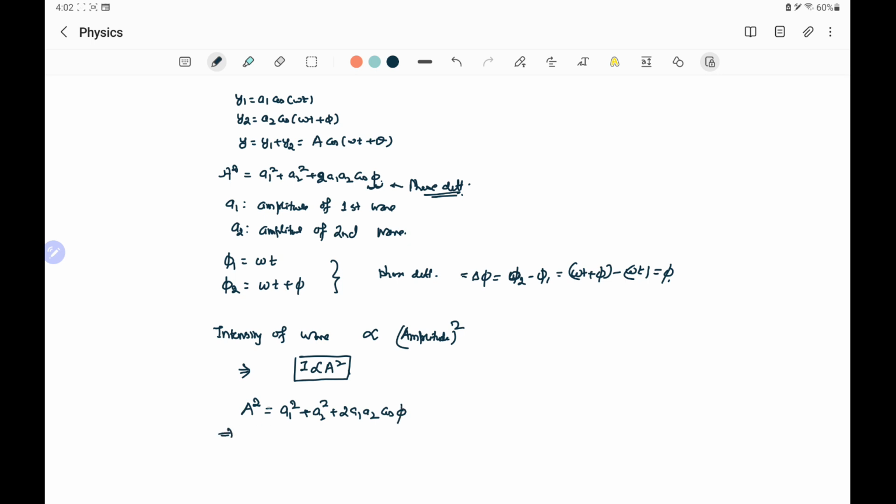This I is the resultant intensity due to the resultant wave, equal to I1, the intensity due to the first wave, plus I2 plus 2 root I1 into root I2 into cos phi.